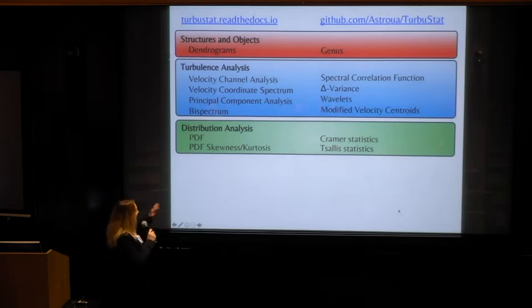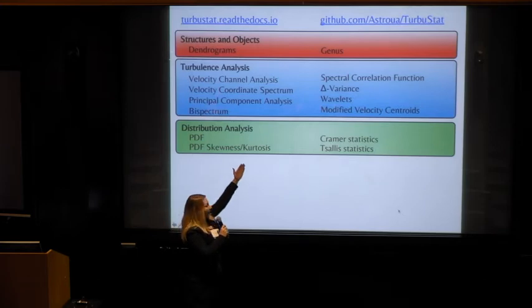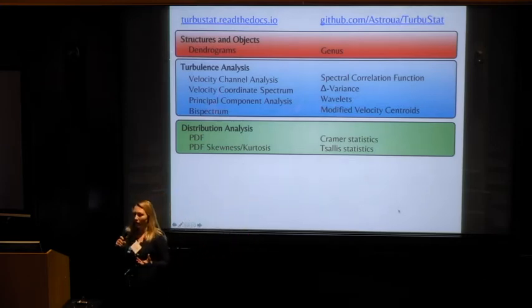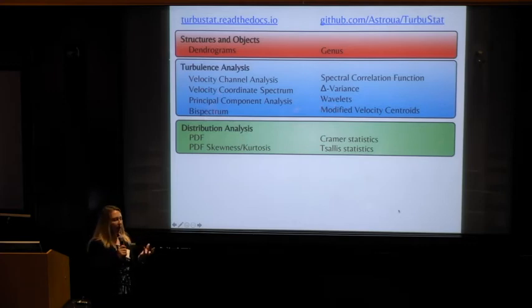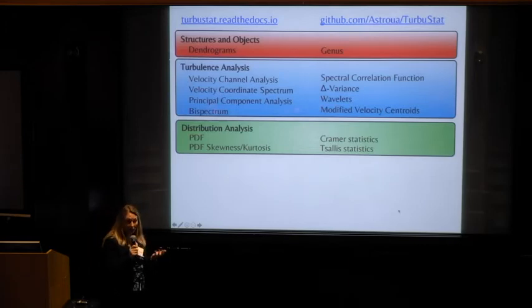However, I think all of these statistics are extremely generalizable to various problems, right? So things like, for example, a genus statistic. A genus statistic is a topological measure that will tell you if your topology is mostly clumpy or more like a Swiss cheese versus like a meatball topology, right? And topology like that can be applied to many different problems, right?